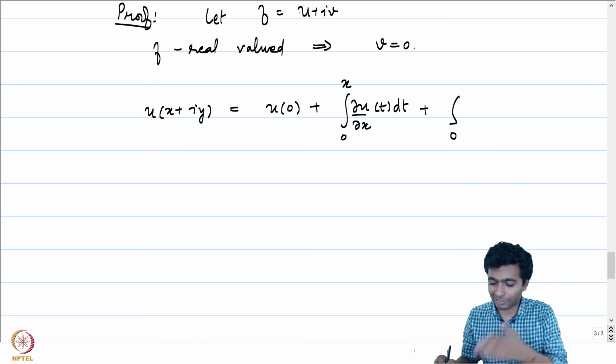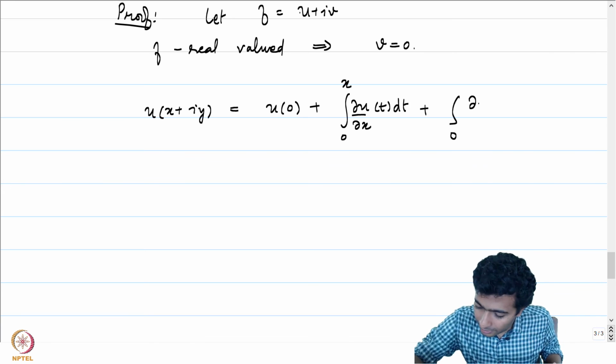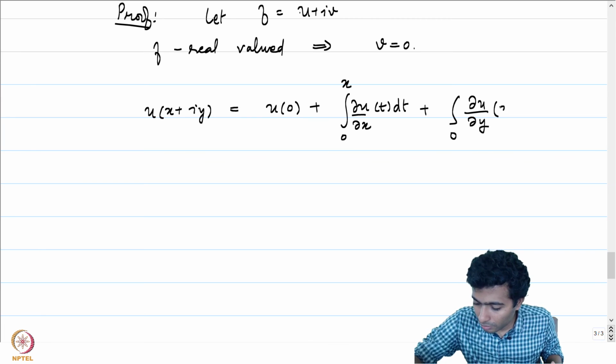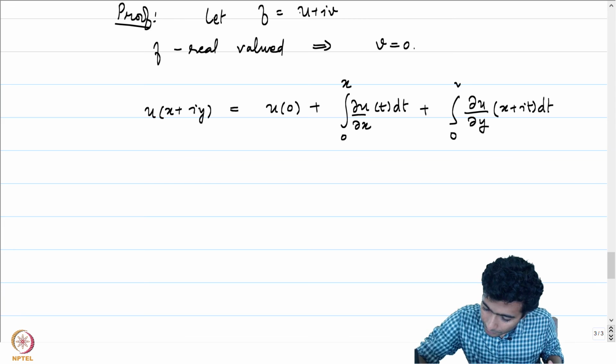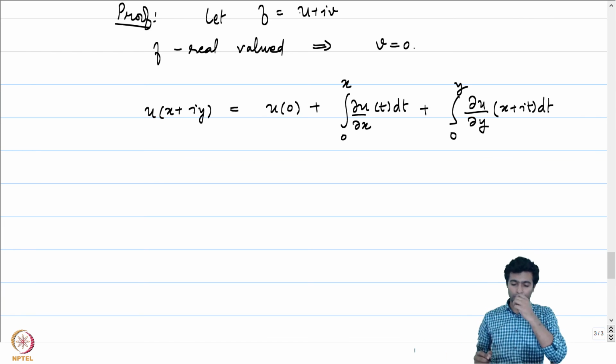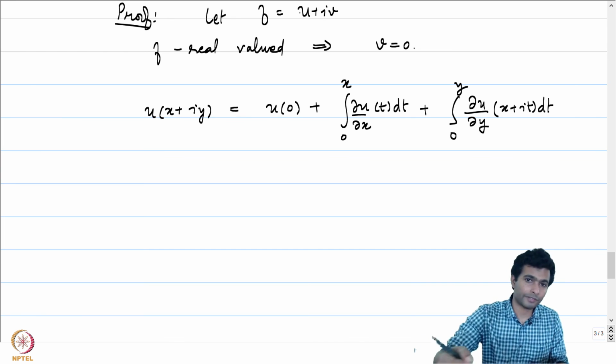The fundamental theorem of calculus captures it this way. And now next is the y derivative. The x is already there, so it will be x plus it, dt, from 0 to y. So this is precisely the expression of u by using the fundamental theorem of calculus. Remember that f is an entire function.